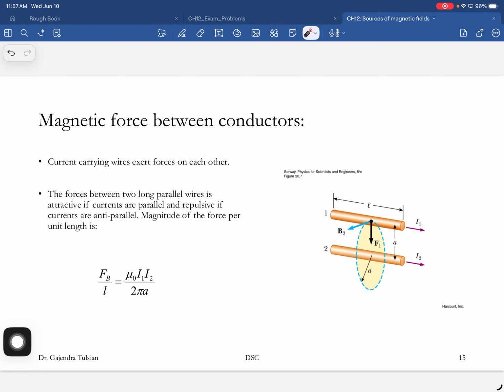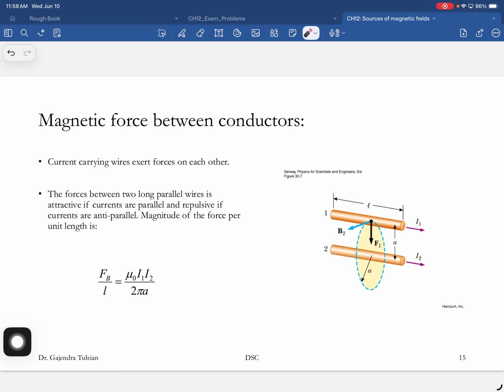It turns out that if you have two wires carrying currents in the parallel direction, they attract each other. What do you think will happen if the currents are in the opposite direction? They repel each other. So parallel currents attract each other. These will attract each other.